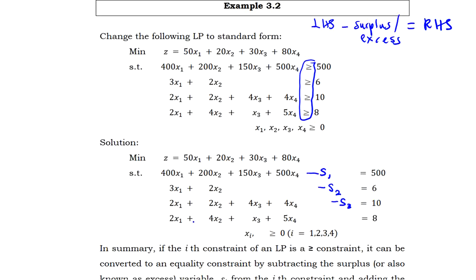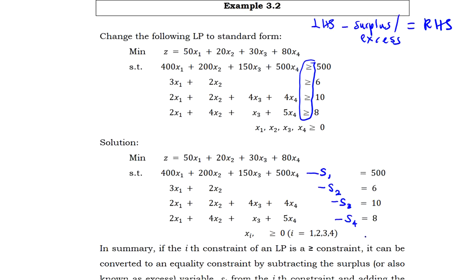And then the fourth constraint, 2x1 plus 4x2 plus x3 plus 5x4, also greater than or equal to, so we subtract surplus variable s4, equals the right hand side, which is 8.